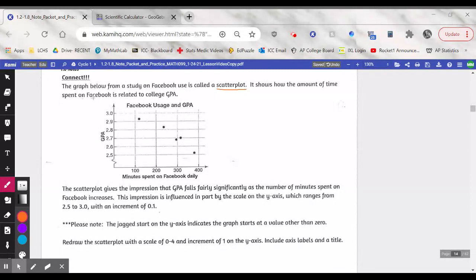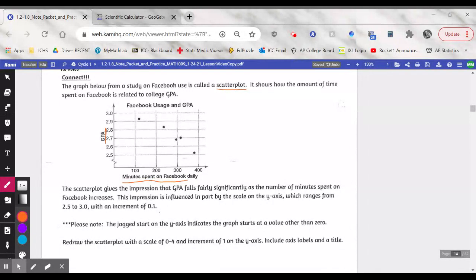It shows the amount of time spent on Facebook is related to college GPA. So each point represents one person's amount of minutes they spent daily on Facebook and what their GPA is. So it shows the relationship between minutes on Facebook and GPA.